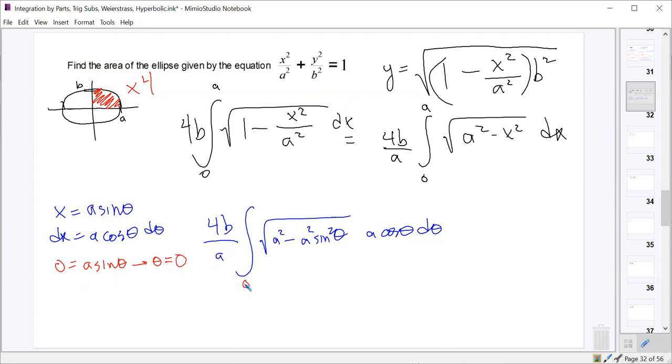So we'll stick with 0 down there. And if x equals a, a equals a sine theta, that would give us sine theta equals 1, which would be at theta equals pi over 2. So we should now have 4b over a times an integral from 0 to pi over 2 of all this junk we got there. Good or no?